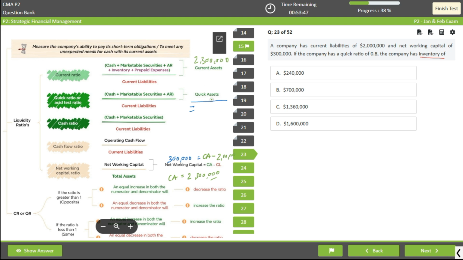Now we need the quick assets. Now the quick ratio is 0.8, and we have the current liabilities, right? The current liabilities are 2 million.